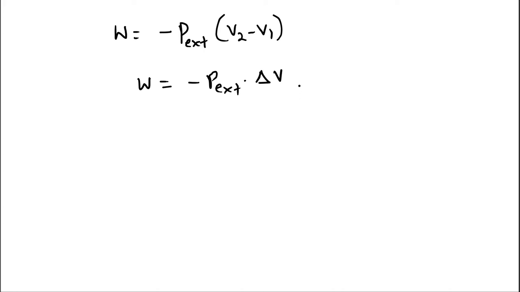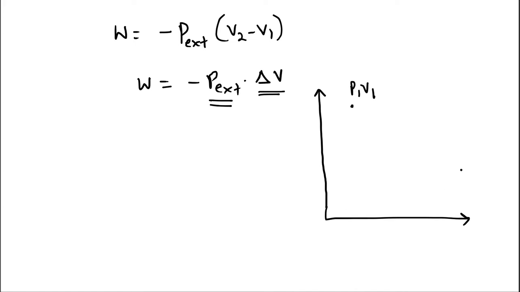Let's put it in a diagram. So this is the volume change and this is the pressure. So let's say here we have P1 and V1 as the initial state, and finally we reach P2, V2 in an irreversible fashion.